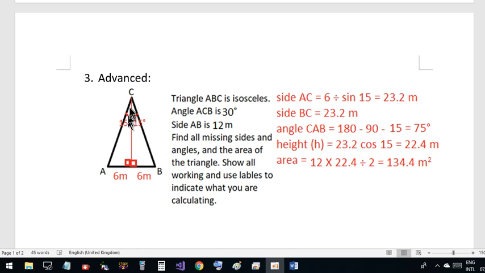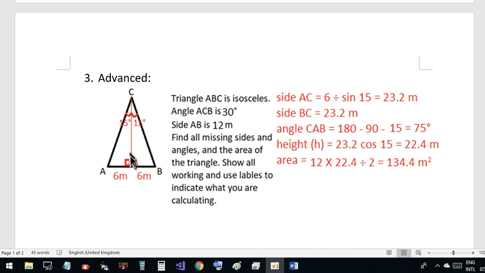Okay, so we need to just work out the height. That's what we need. So we know that this side over here, the hypotenuse, the long side, is 23.2 meters, so we don't need to use divide because we already know the long side, we're not trying to work it out. And we're trying to work out this height here.